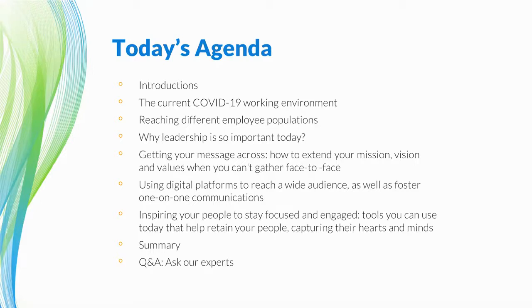Specifically, we'll talk about extending your mission, vision, and values when you really can't gather face-to-face. We'll look at specific tactics that you can do inside a digital employee experience platform like HubEngage that will help you reach your employees no matter where they are. And of course, we'll wrap up with some Q&A.